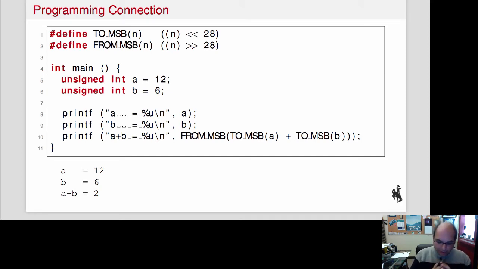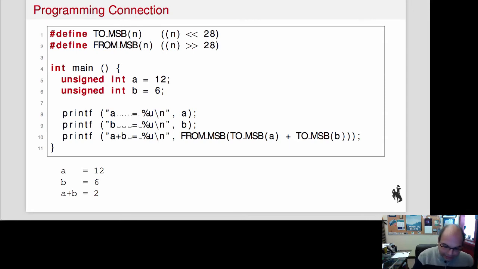So I have to shift them left by 28, because I have a 32-bit computer. And from most significant bits, we'll take a 32-bit number and then shift it to the right so that the significant bits are in the last byte. So it's just the last 4. So let's see what happens. I have 16 and 2, and I add those, I get 18, right? But because of this carry effect, right?